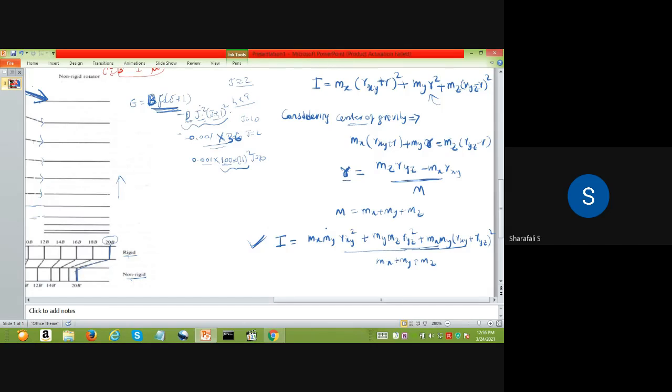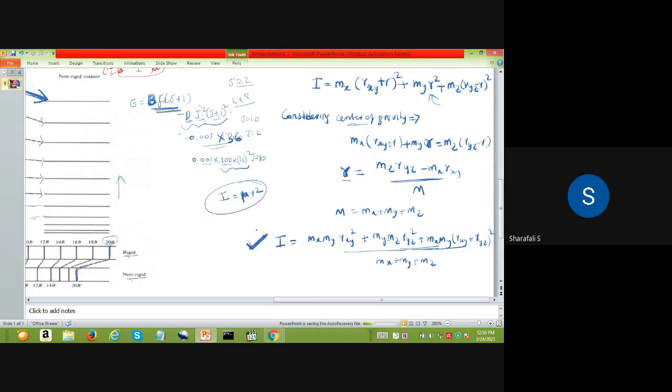For a diatomic molecule, it is easy. We just have to consider those masses. We already did that: mu r square. For a diatomic molecule, it will come as mu r square. But for a triatomic molecule, you have this kind of expression.